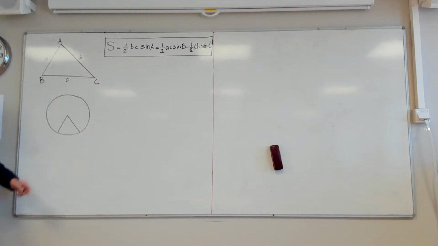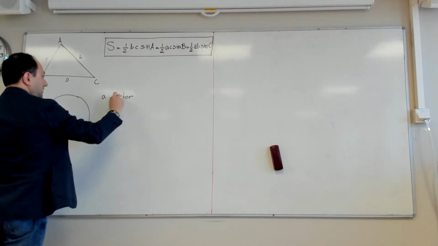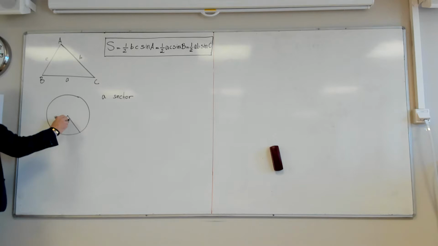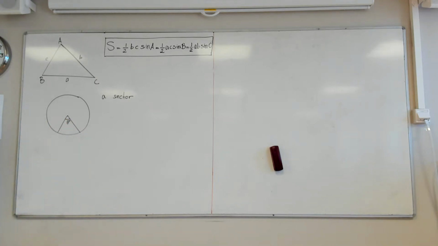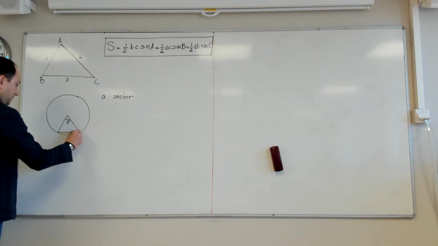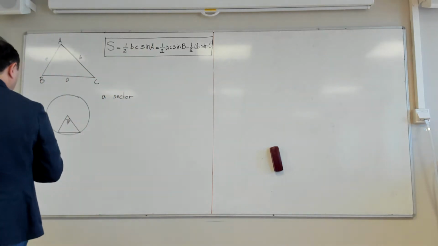This is called a sector, if you want to know the name, a sector of this circle. So let us assume that this angle is given to you, for example, theta degrees, yes? And then my point is to connect these two points. I want you to calculate the area here for me.